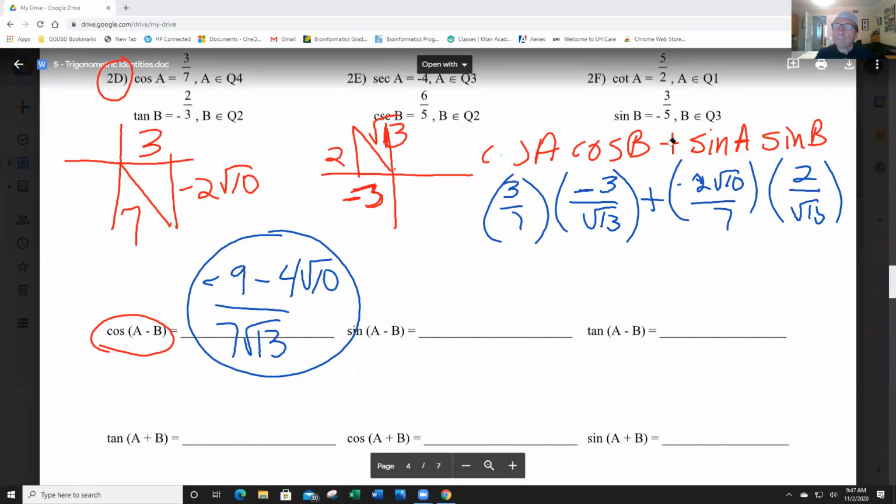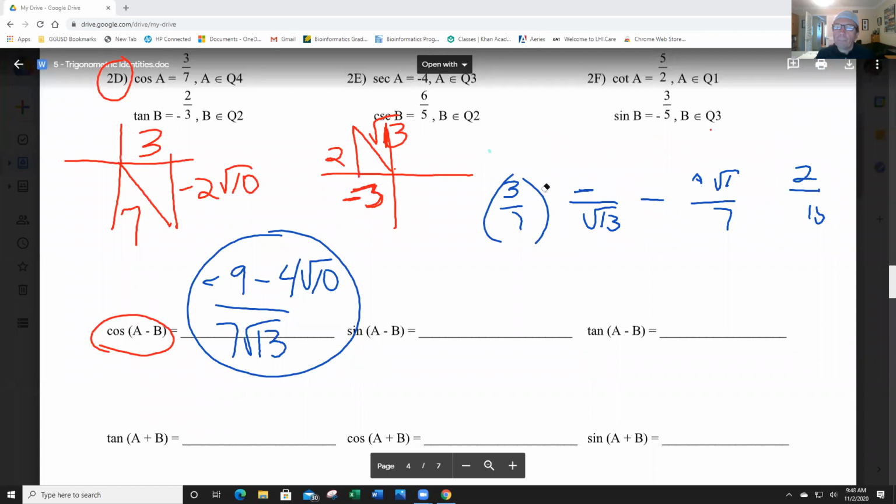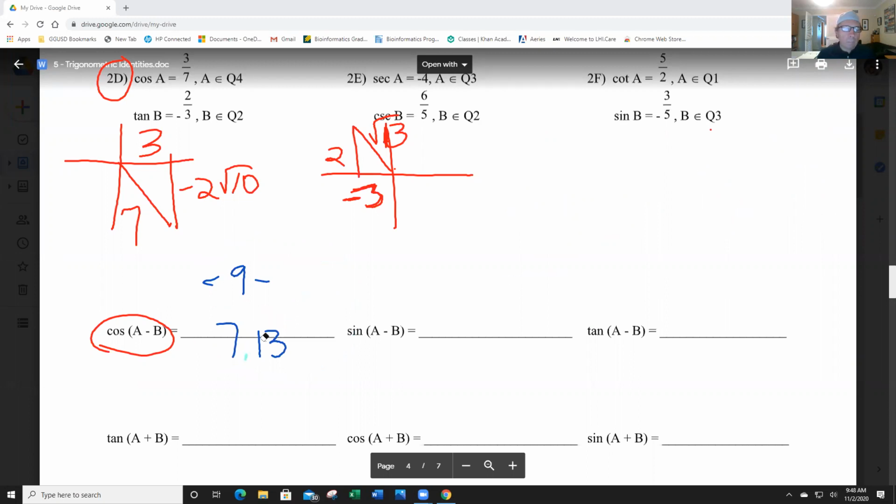Okay, let's see here. Good, good, good. And we are going to do the tangent of a plus b. Great. So the tangent of a plus b, I need to get that formula. And I'm going to write it right here.